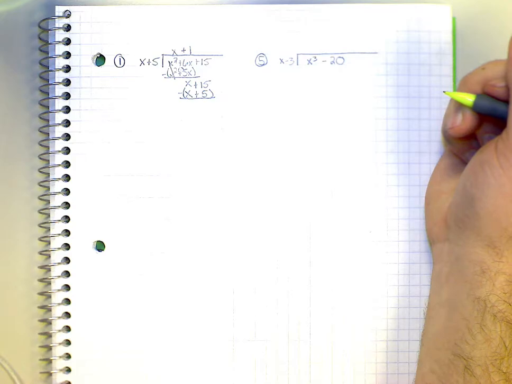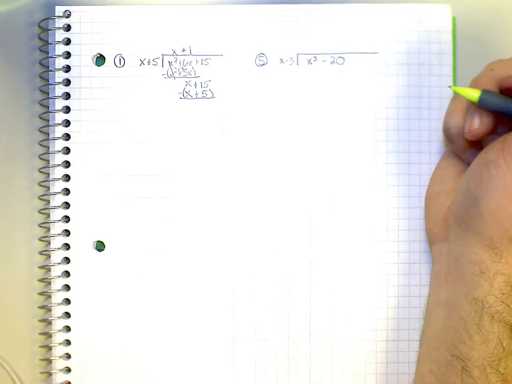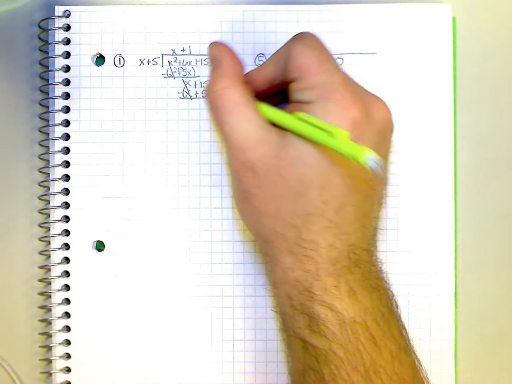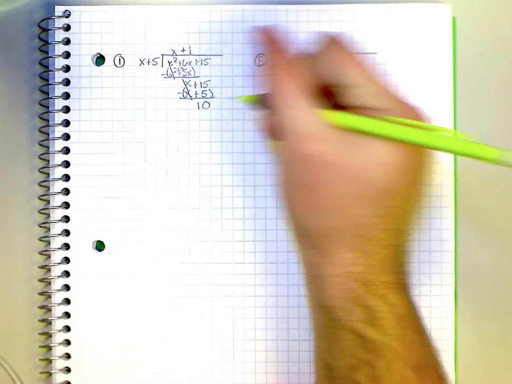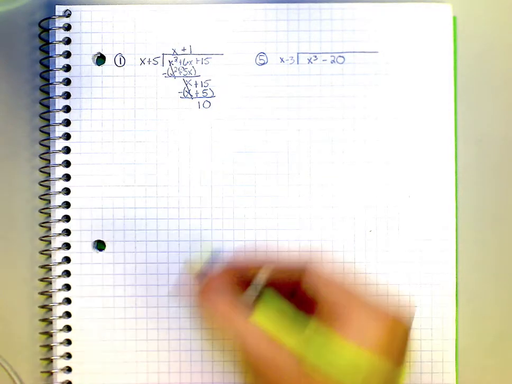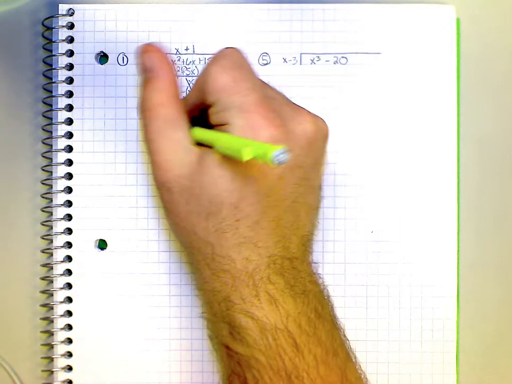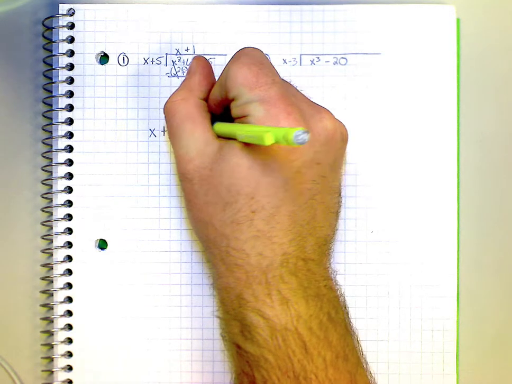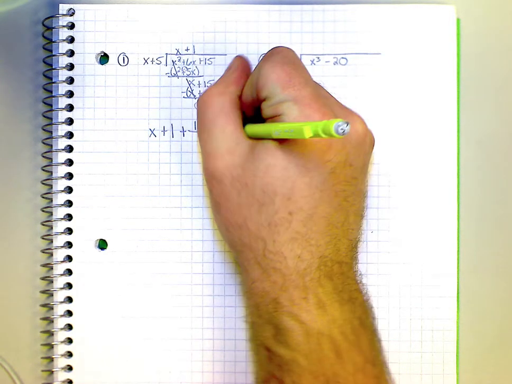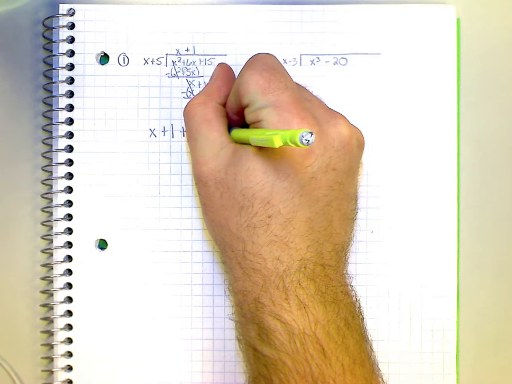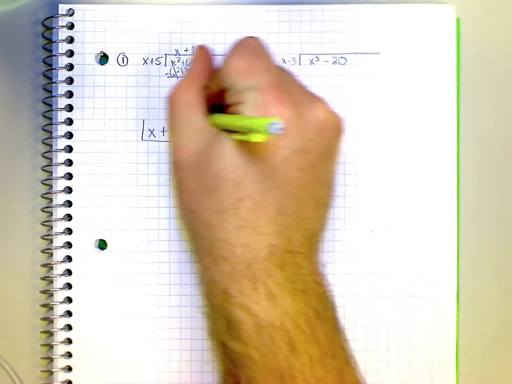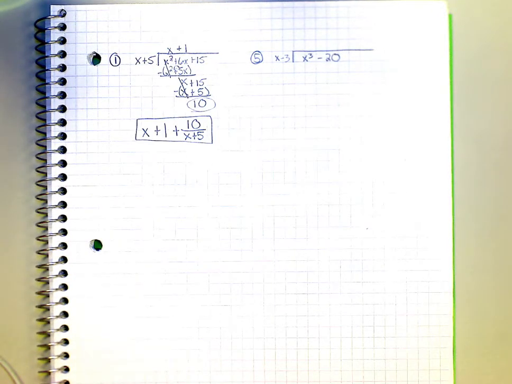When I subtract there, my x's will cancel, and I'll have 15 minus 5, which gives me a 10. So this here is now my remainder, and my final answer is going to be x plus 1 plus my 10 still waiting to be divided by x plus 5. So just assembling that answer, and there we go.